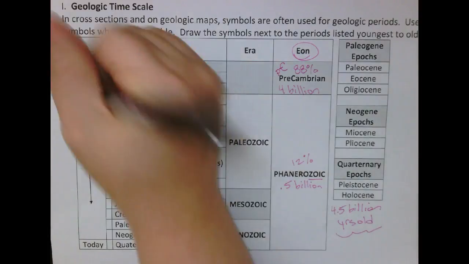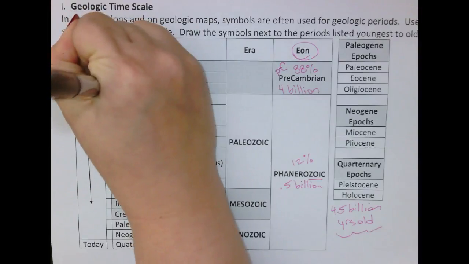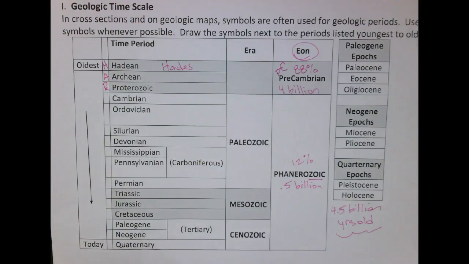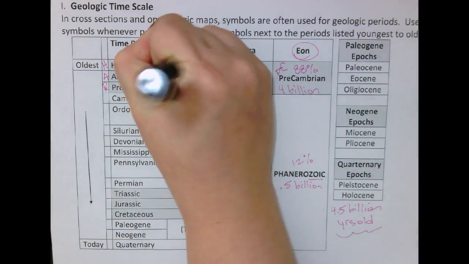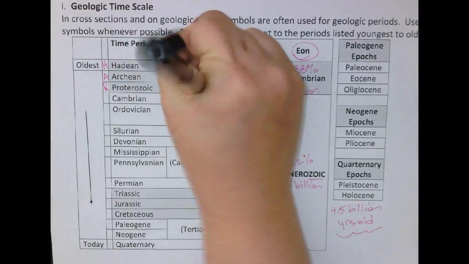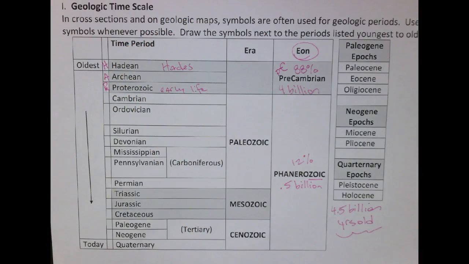The symbol for Proterozoic is a capital P, and then you turn the stem of that P into a little R. And you could say that Proterozoic is like early life. We find our first fossils really from this time, but it would have been things that are sort of like jellyfish. Not a lot of structure to them.